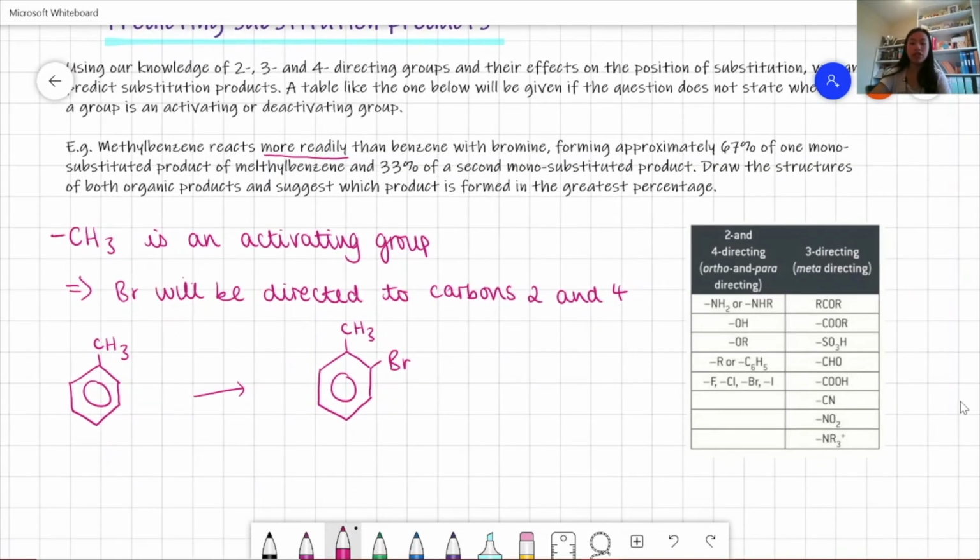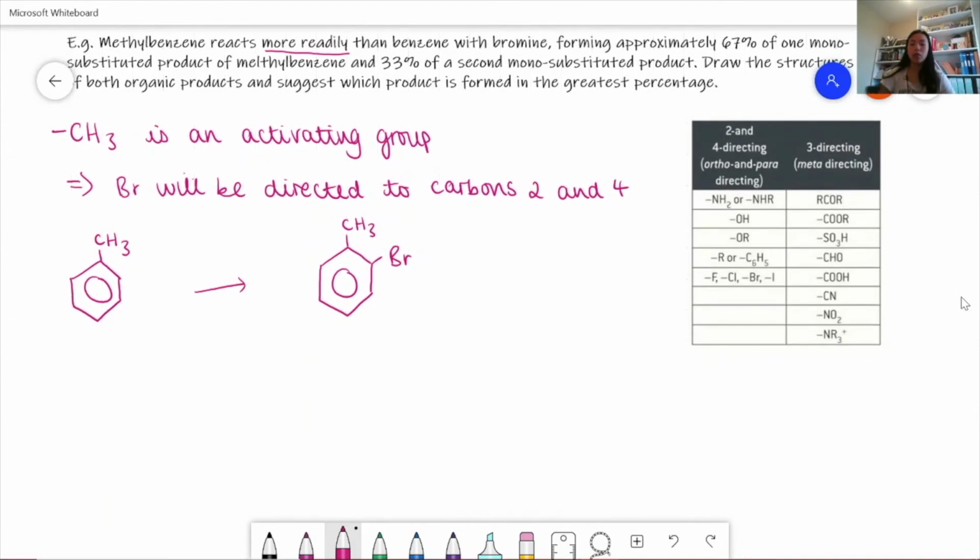Or there are 2 other products we could form. We could also form a benzene like this, and then CH3. If we label the carbons anti-clockwise, this is the second carbon.